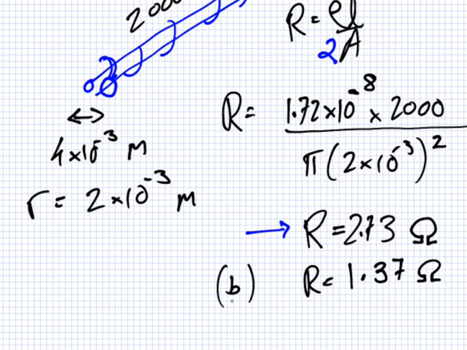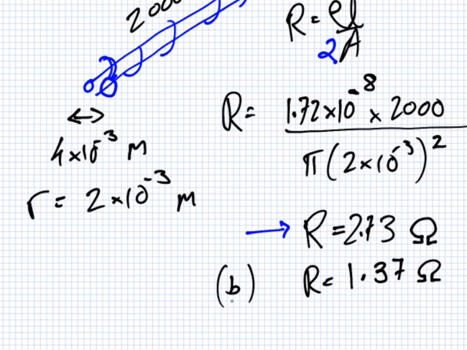It is 2,000 meters, and then the diameter is 4 millimeters, which is 4 times 10 to the minus 3 meters. So the radius is 2 times 10 to the minus 3 meters.